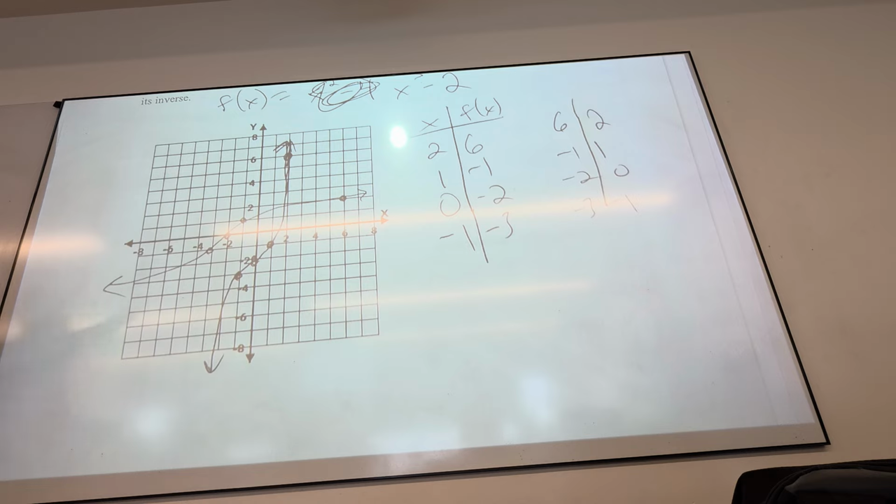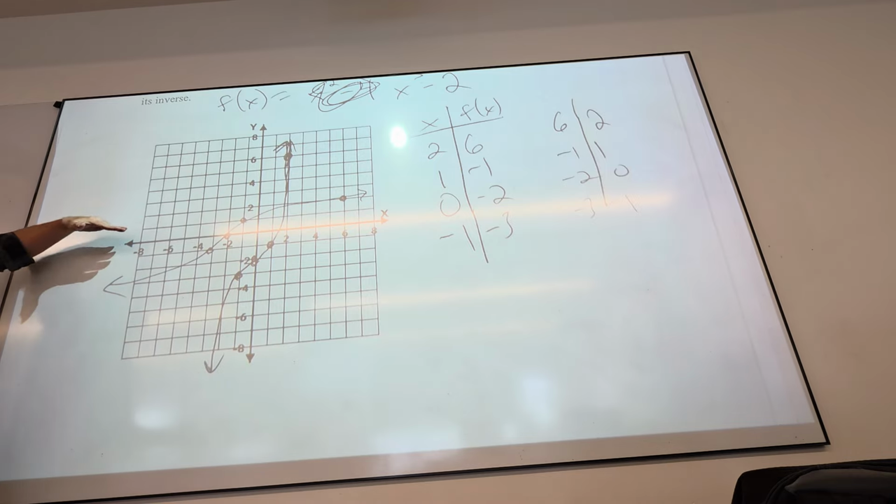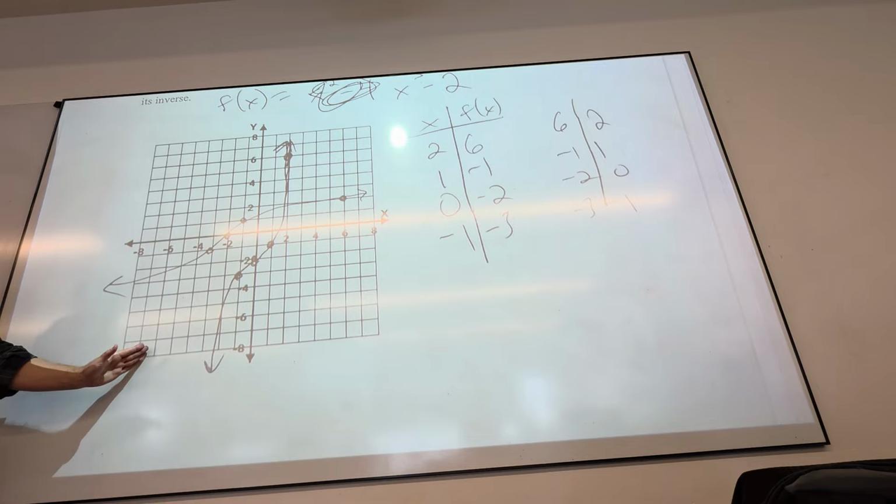Didn't we take the original function and flip it, and then apply a vertical line test? If it just says, is this one-to-one, instead of flipping the function and doing a vertical line test, we leave the function alone and we do a horizontal line test. We flip the test.